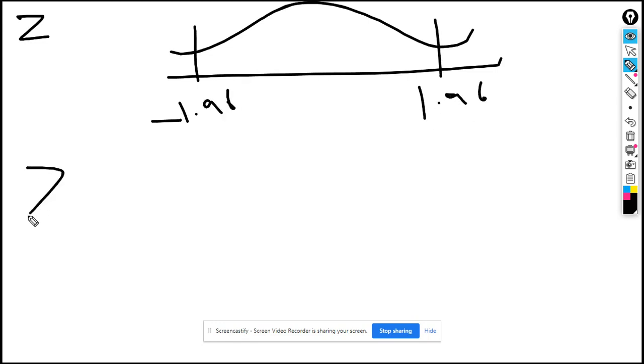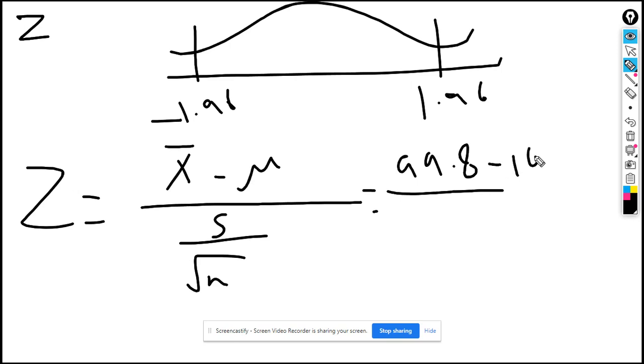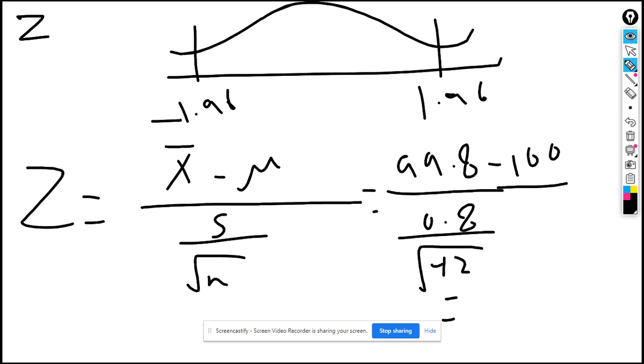I do the calculated one. Mean minus mu divided by standard deviation over square root of n. The average is 99.8 and mu is 100, standard deviation is 0.8 and square root of 42. That gives me negative 1.62.